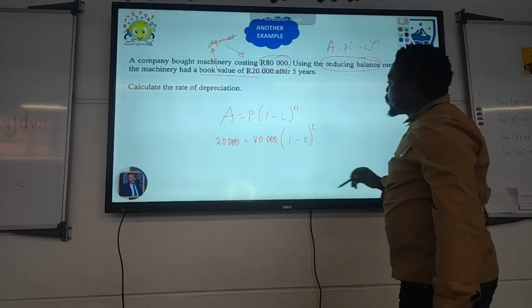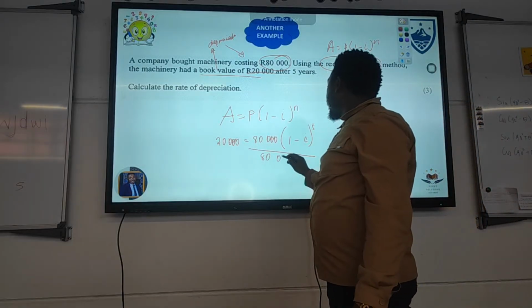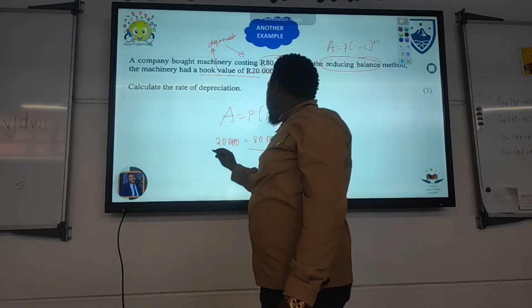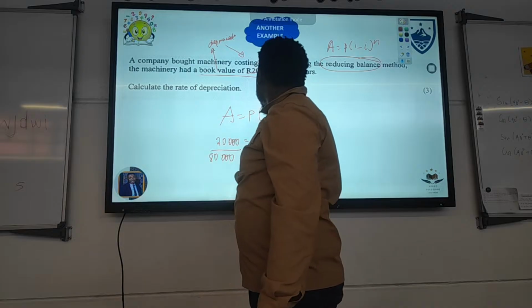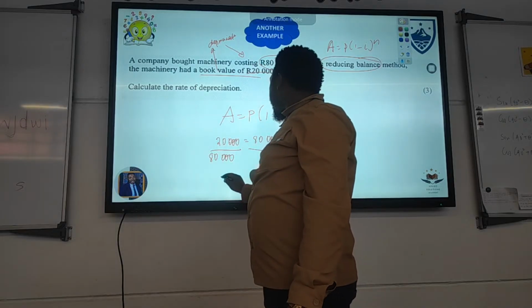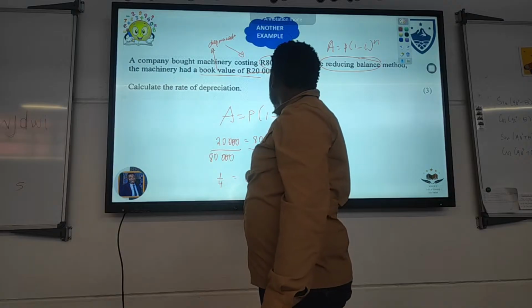So what we can do is divide both sides by 80,000, and if you simplify this side, it's going to give us 1/4, and this will just give us (1 minus i) to the power of 5.